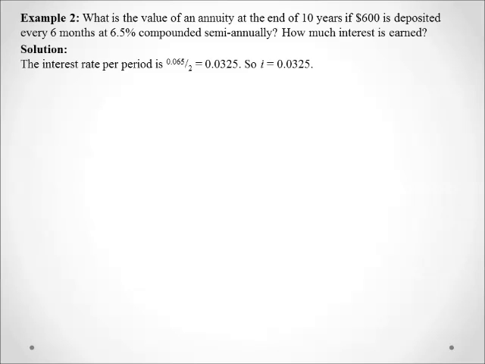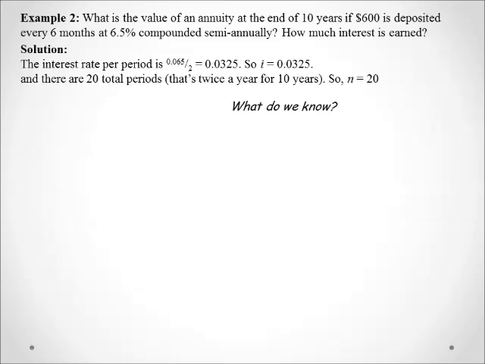So we'll start with the interest rate per period, which is 0.065 divided by 2, or 0.0325. That's i. And there are 20 total periods, twice a year for 10 years. So n equals 20.